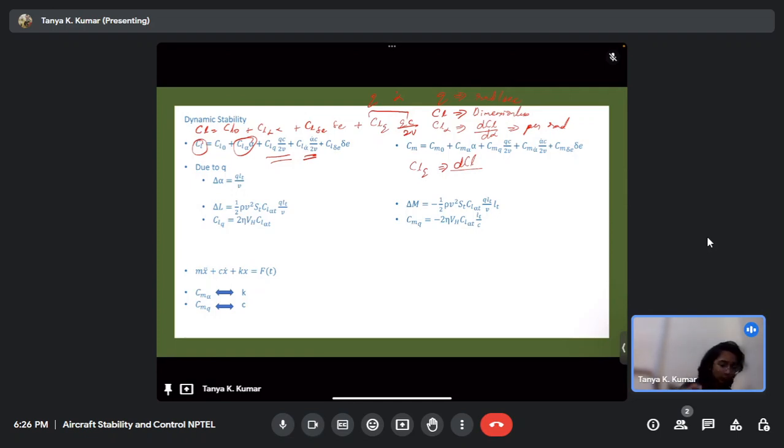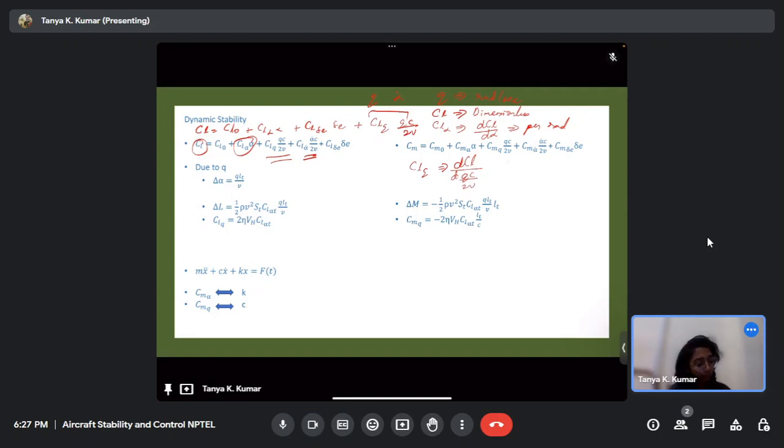You don't need to do all that. Just look at the term CLQ into QC by 2V. If that has to be non-dimensional, how is CLQ defined? dCL by d(QC by 2V), correct. So that's how it's defined.